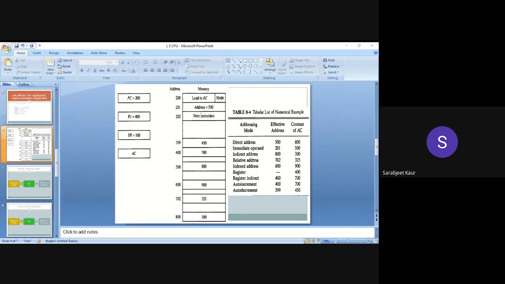So the auto increment mode can be used there. And if we are coming from n down to 0, then the auto decrement mode can be used. I go and access the n minus 1th location, and then I decrement.